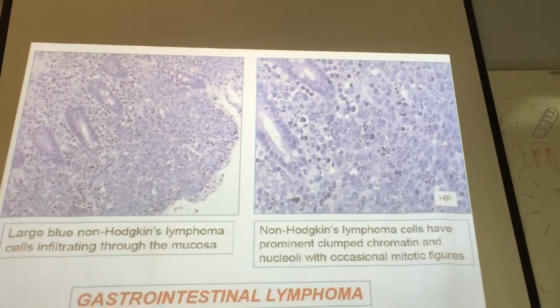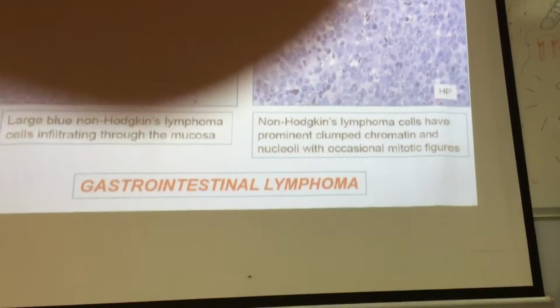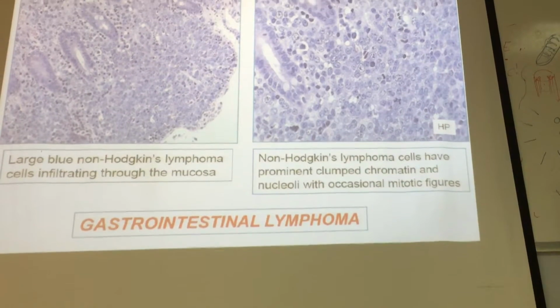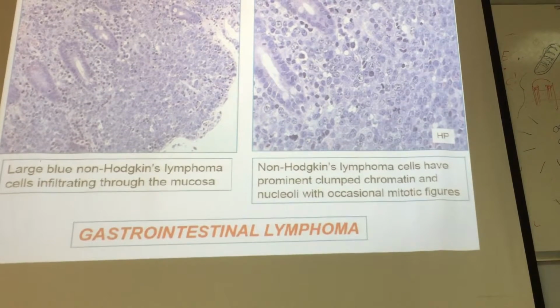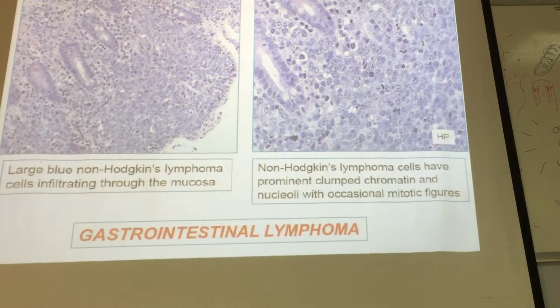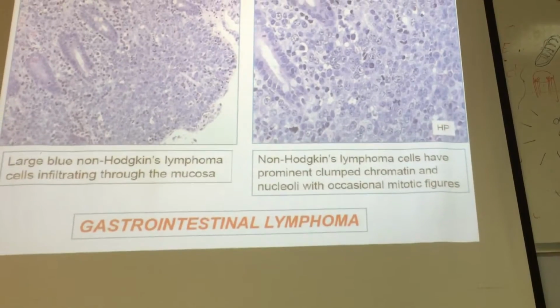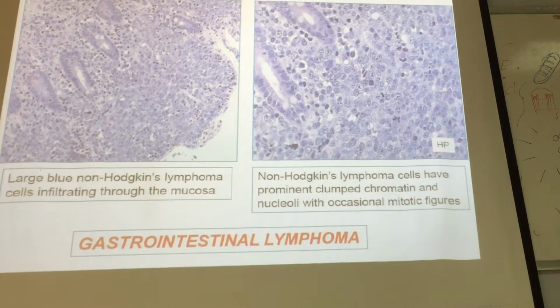Now the gastrointestinal lymphomas. What are the types of gastrointestinal lymphomas? We have B cell lymphoma and T cell lymphoma. The most common lymphoma in the stomach occurs because of some infection. We have the maltoma.